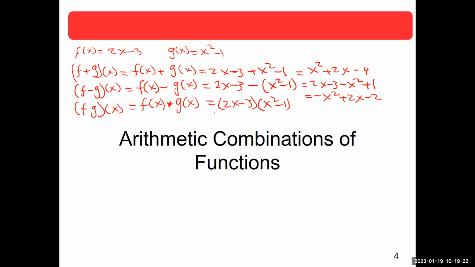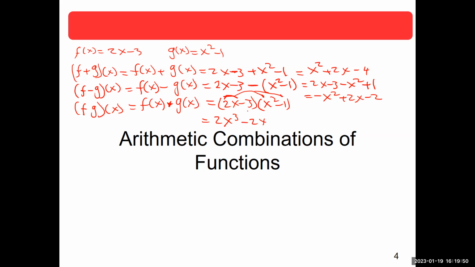That's the distribution. You multiply 2x by x squared and negative 1. That gives you 2x cubed, because x and x squared is x cubed, minus 2x.